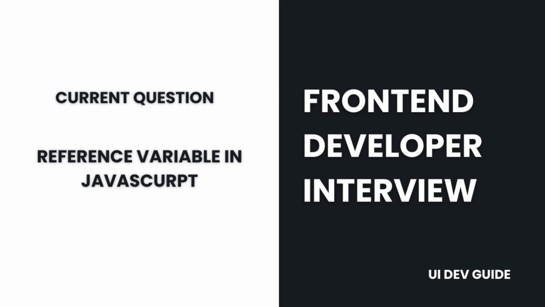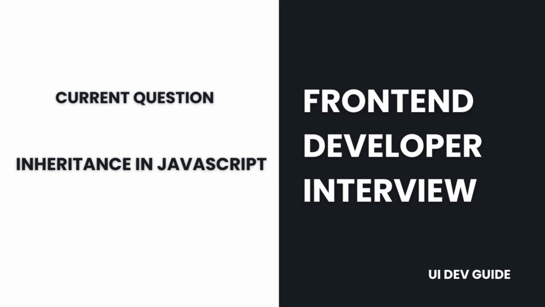Do you know how inheritance happens in JavaScript? How it works? Yes, I think so. Can you please tell me about it? If we are extending anything, it inherits all its parent properties.